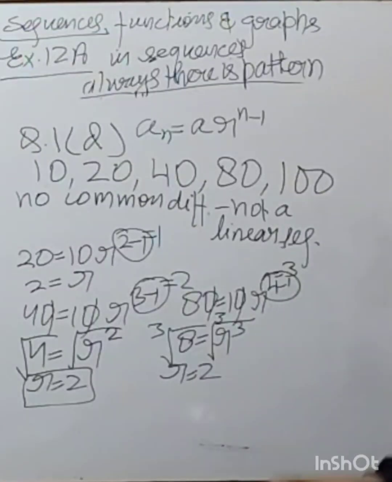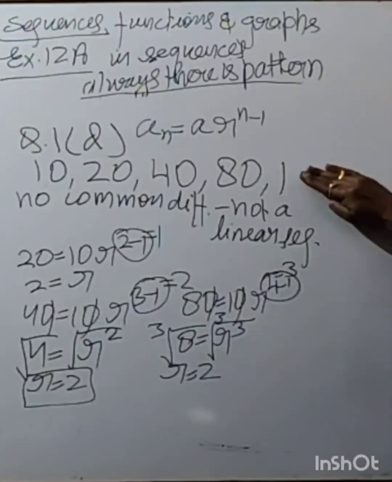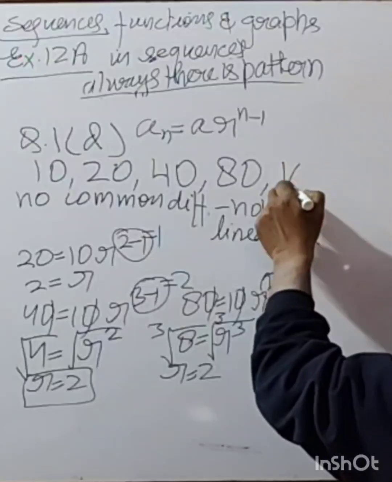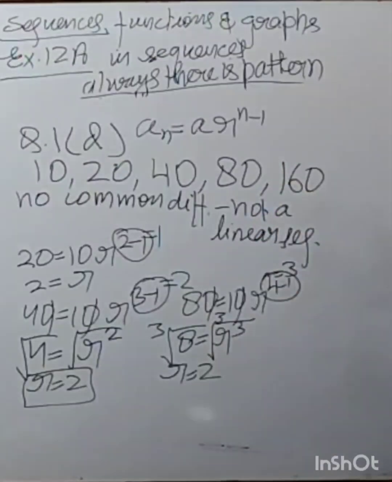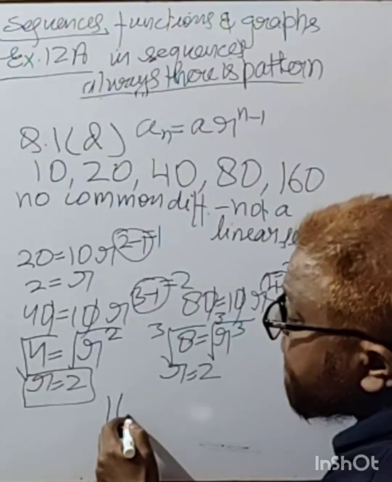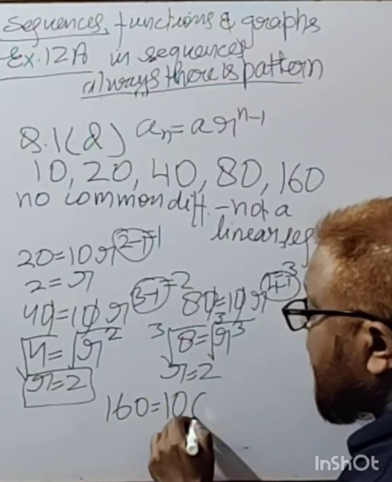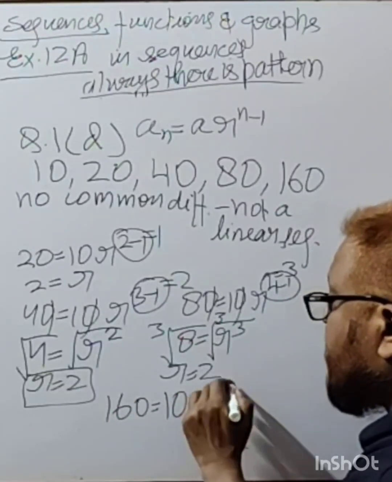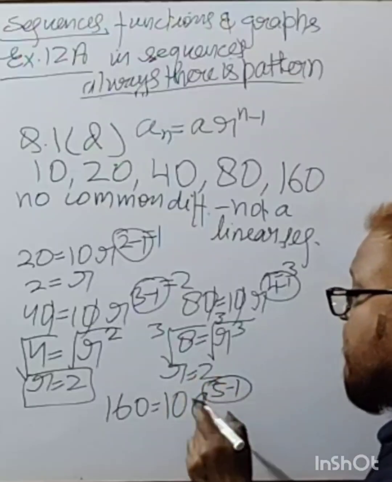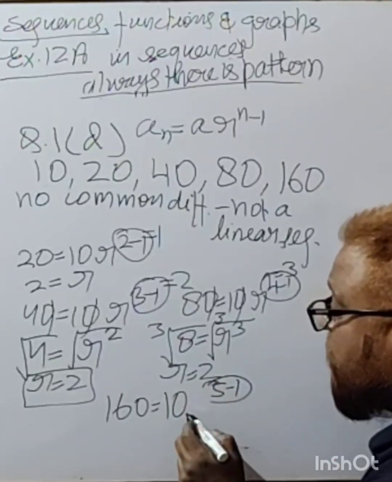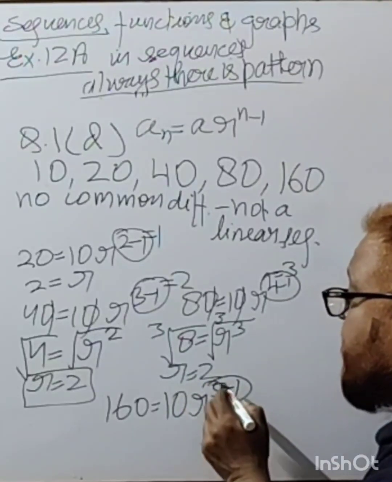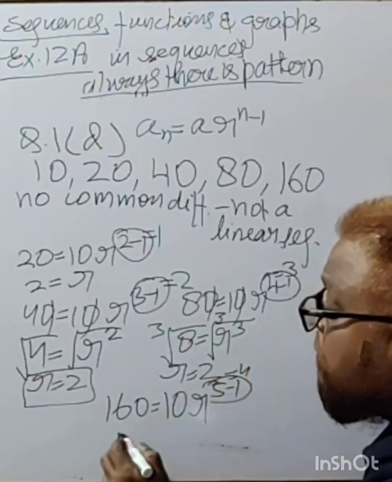Oh my God. After 80, there is not 100, it is 160. So 160 is equal to 10 r raised to the power 5 minus 1, so it becomes 4.